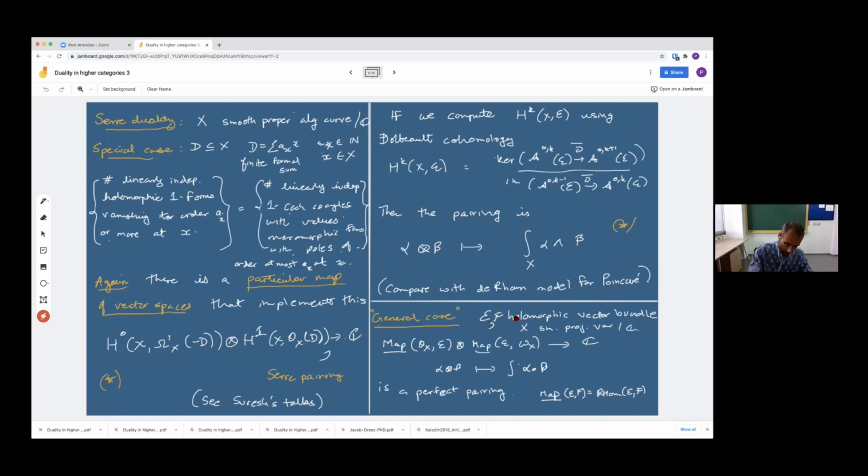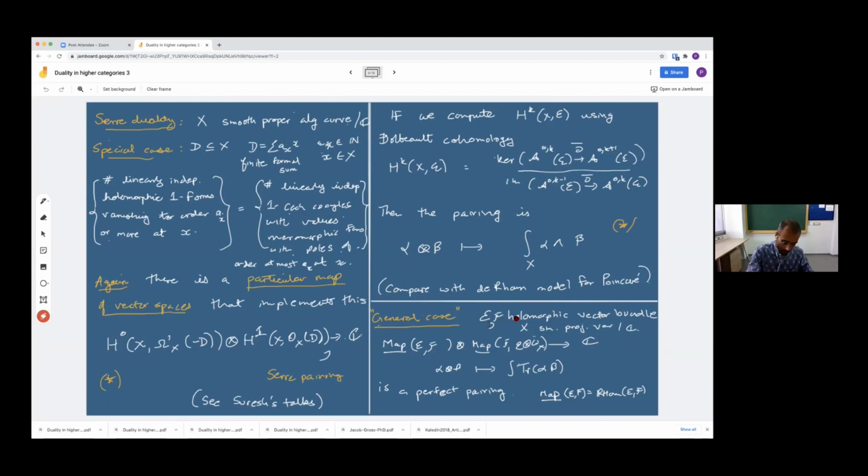So let's do maps from E to F, and here I put maps from F to E tensor omega X. Now the special case that I wrote earlier, and now I need to put the trace of alpha beta.